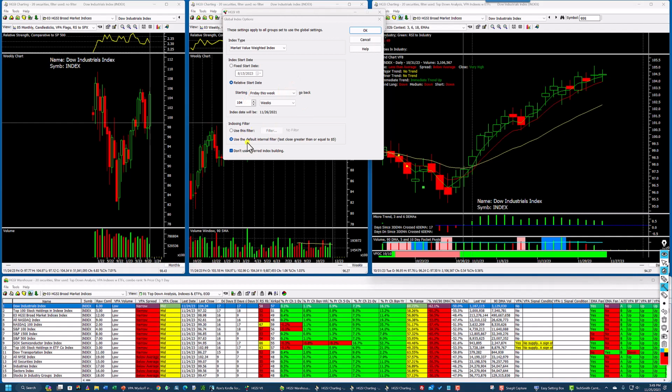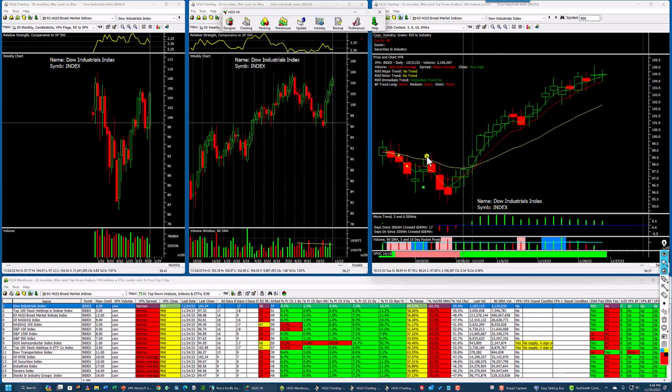Use the default internal filter. It indexes stocks greater than $5, and there's a deferred index build option, or check this so it doesn't do anything. That's something we don't use anymore. I'm going to cancel that. I have to go over here and get rid of that. So that's how these indexes are built.